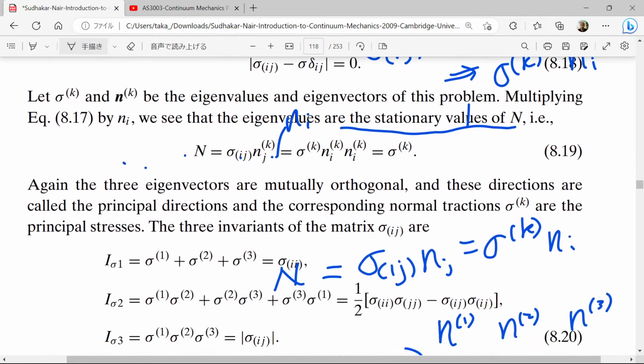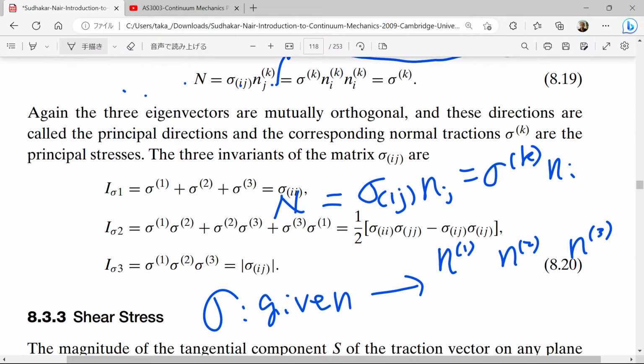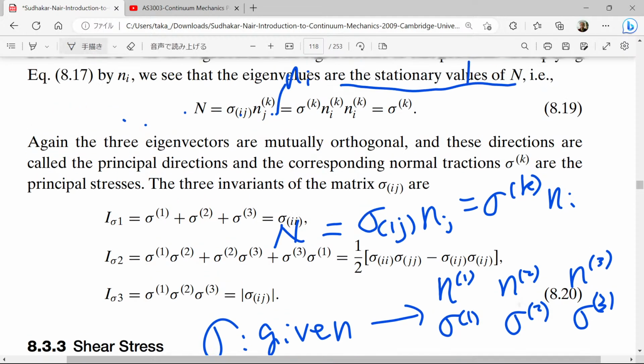So each of them you have sigma n: sigma 1, sigma 2, sigma 3. Yeah, so I think this is more like eigenvalue. Is it eigenvalue?